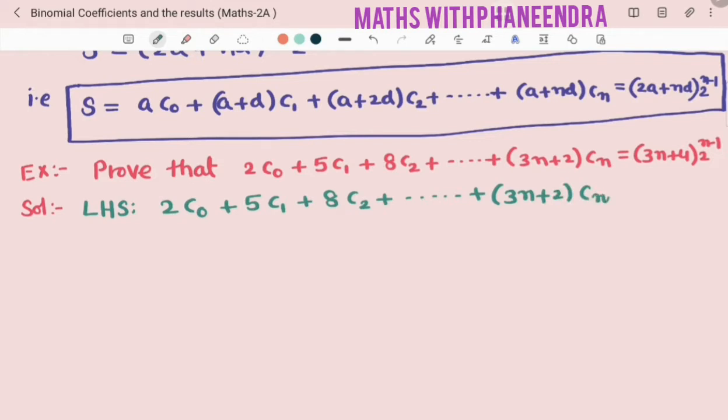In this LHS, the coefficients of C0, C1, C2 and so on, Cn, their coefficients here, 2, 5, 8 and so on 3n plus 2, are in AP, arithmetic progression.